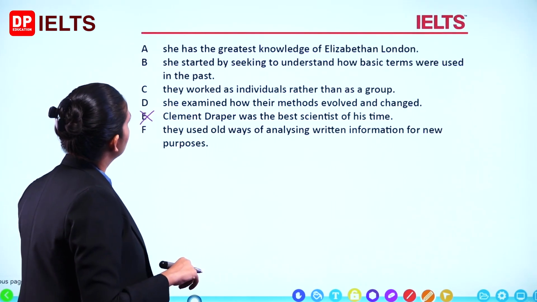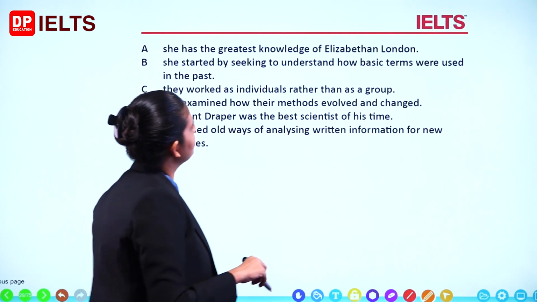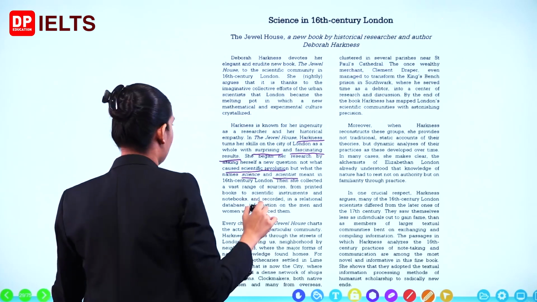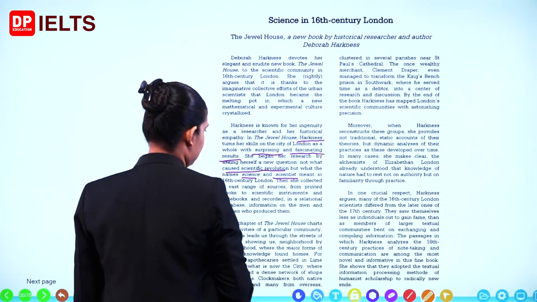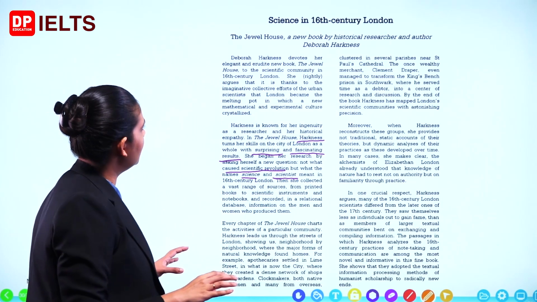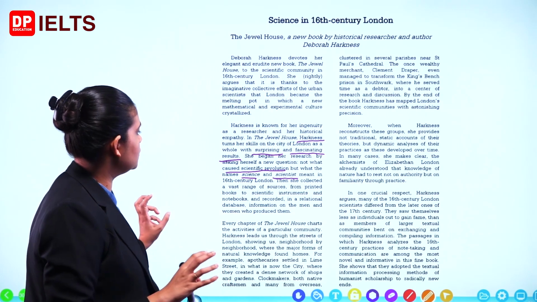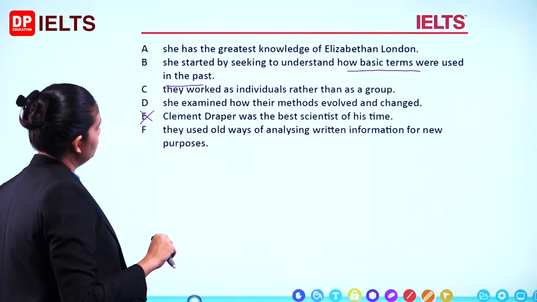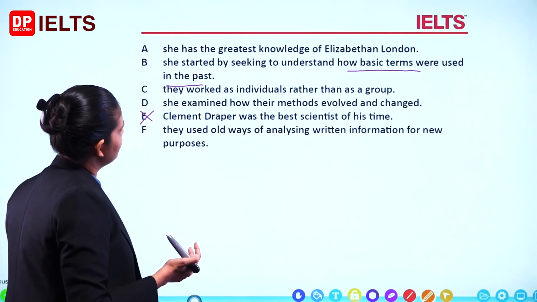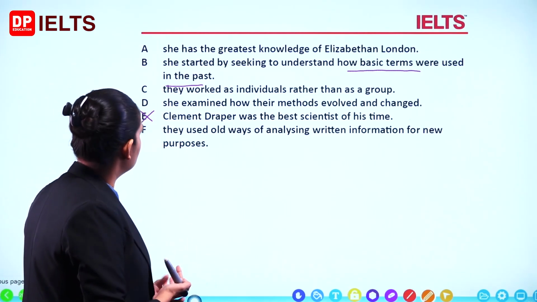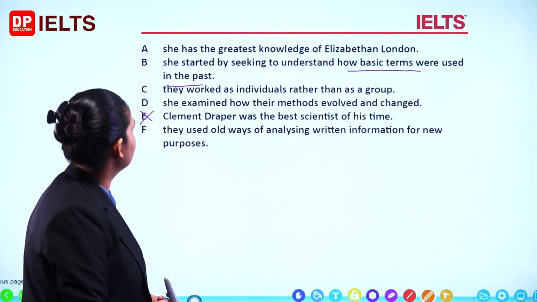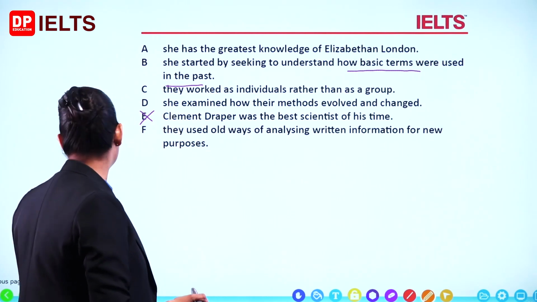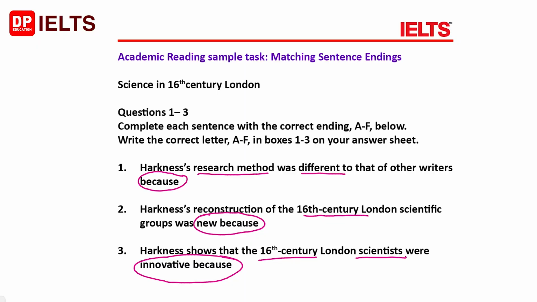So she started looking at how the basic terms were used in the past. It was kind of the simplest form that she was looking at. So I think the only option which talks about terms is just that one. So I would take that one. Okay, B.